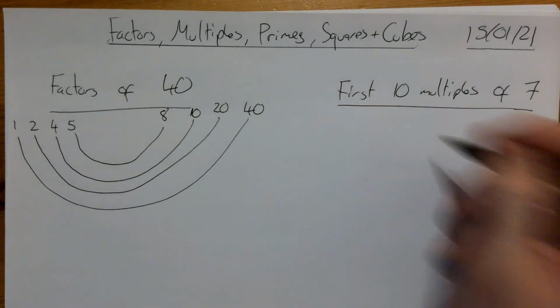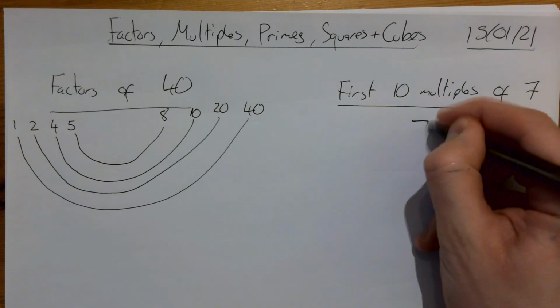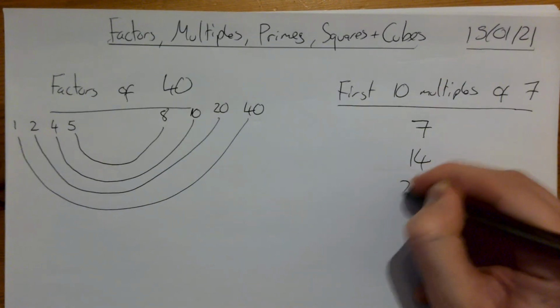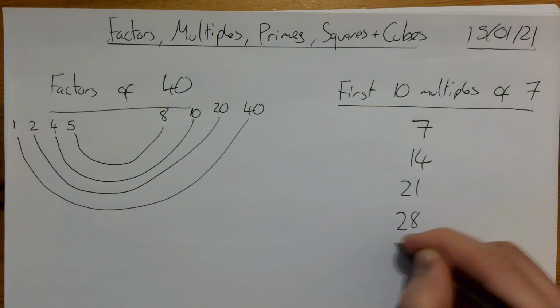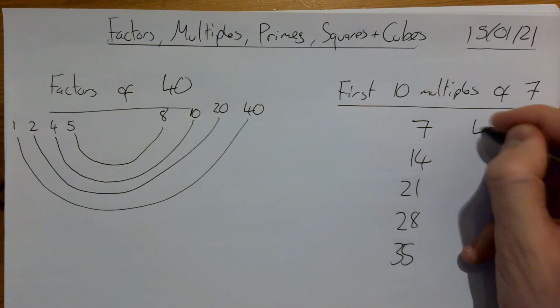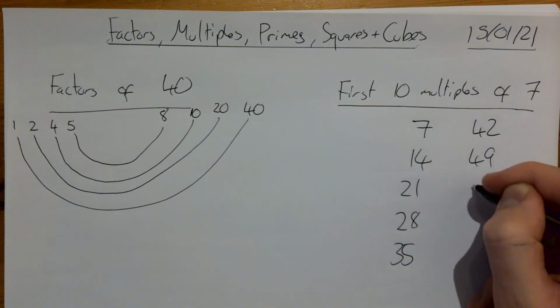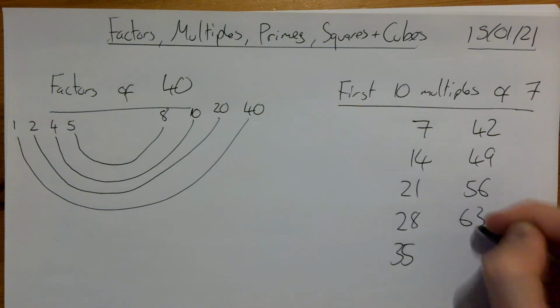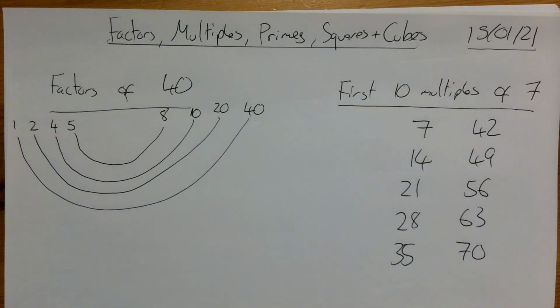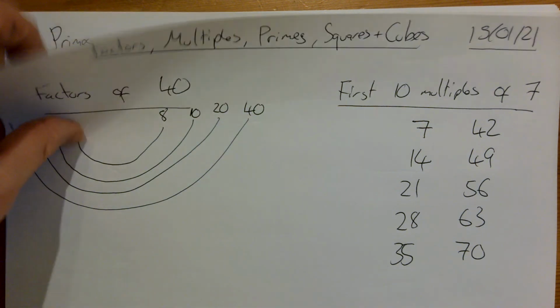So the first 10 multiples of 7 are 7, 14, 21, 28, 35, 42, 49, 56, 63, and 70. Once again, sometimes you have to list those numbers, but other times you just need to recognise those numbers as multiples of 7 or as multiples of anything else, and that's what you'll be doing today.